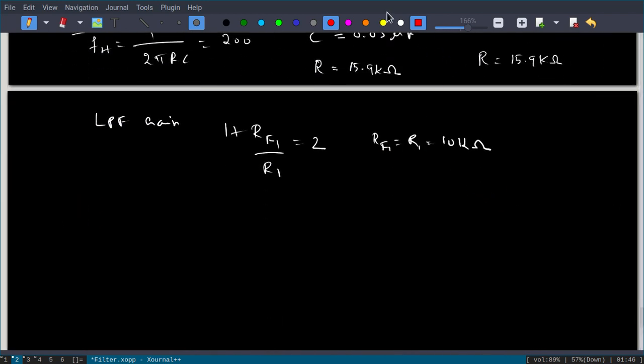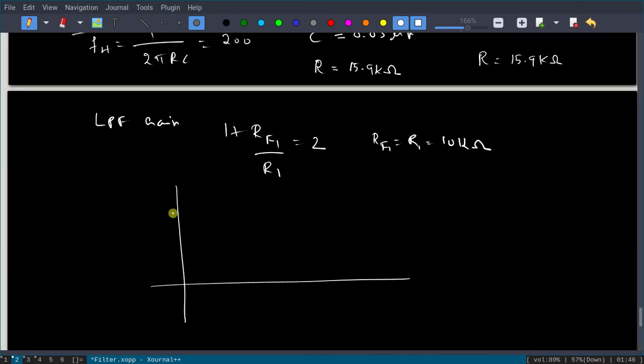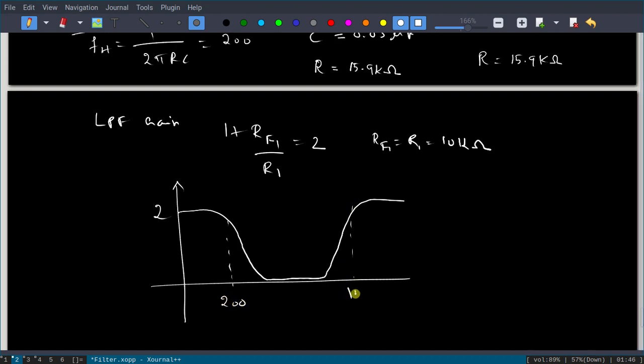So you will get the total pass band gain equal to 2, and the response will be like this. This gain equal to 2, and the cutoff frequencies are 200 hertz and 1 kilohertz.